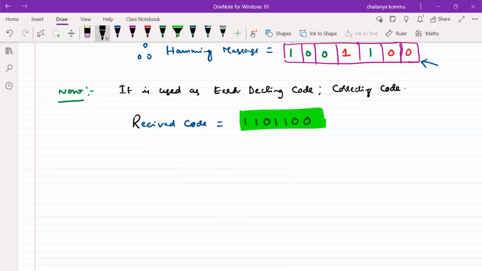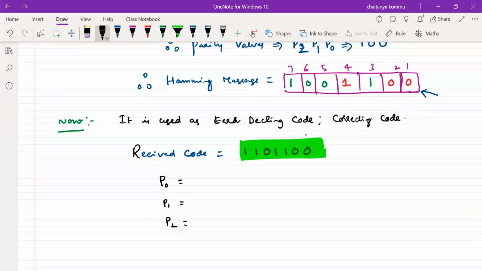First of all, it identifies the parity information for this. P0, P1, P2 will be calculated. We know this is the first position, second, third, fourth, fifth, sixth, seventh. Immediately it will decode that the seventh, sixth, fifth, and third positions are message bits, so this is 1, 1, 0, 1.